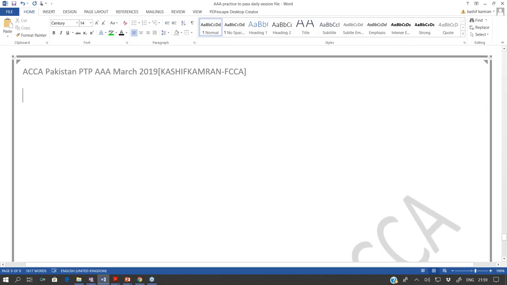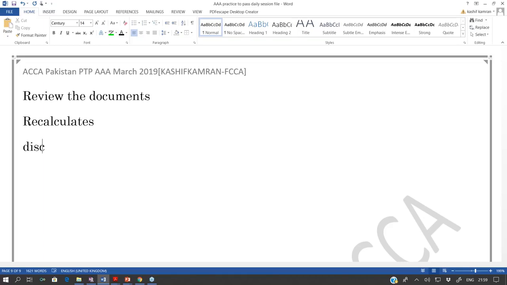If the auditor reviews the documents, or if the auditor recalculates, or if the auditor discusses something, or if the auditor analyzes something. If the auditor reviews the document and you're writing an evidence, the evidence will be a copy of the documents.